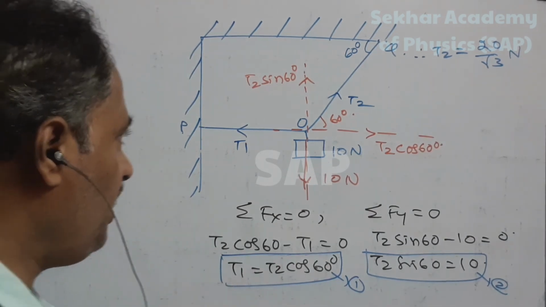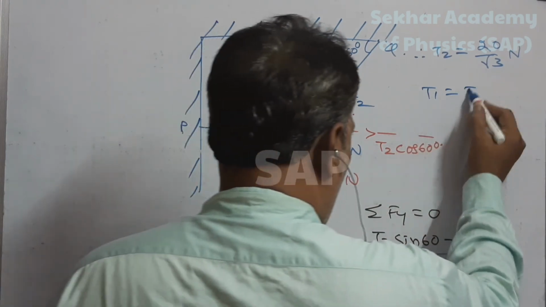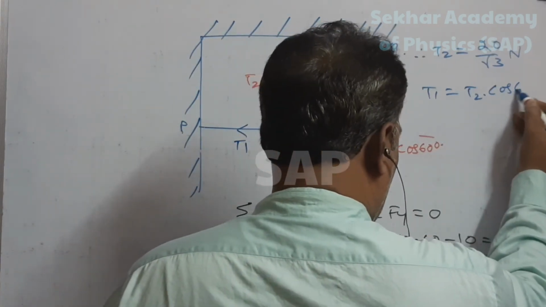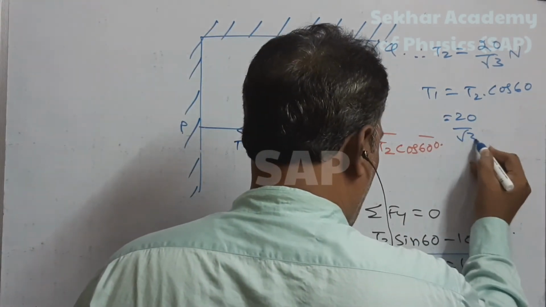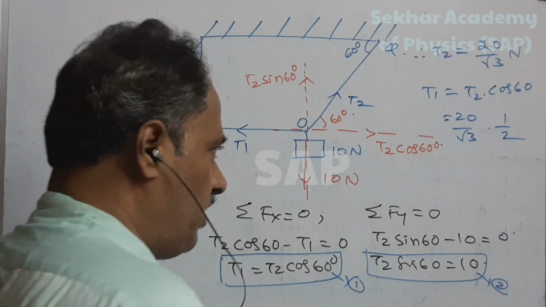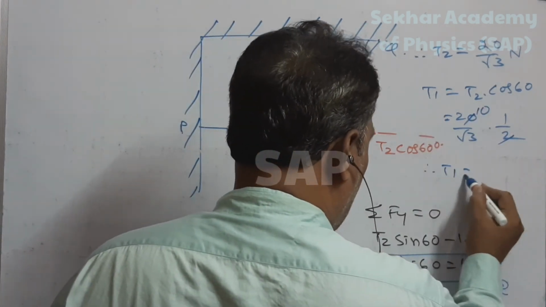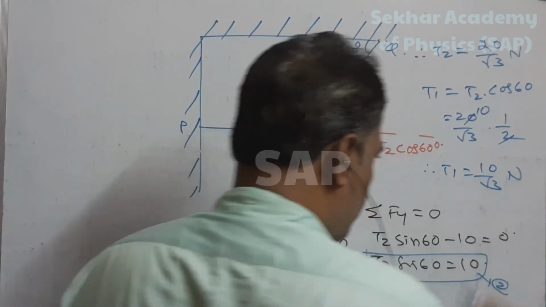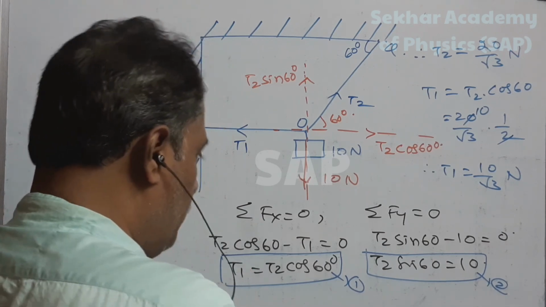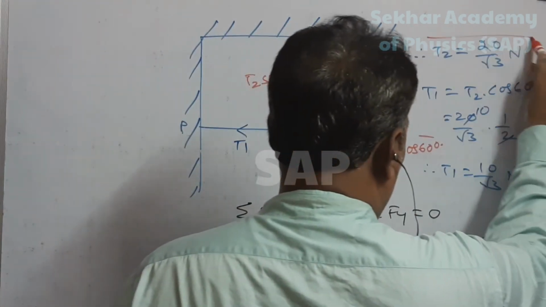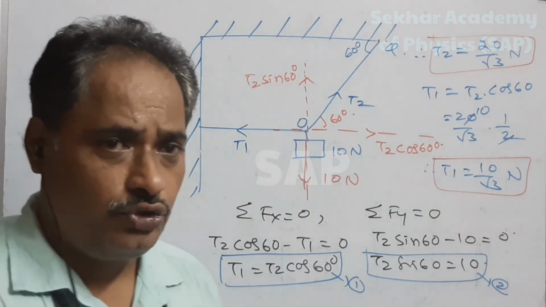Then T1 equals T2 cos 60, where T2 is 20 by root 3 and cos 60 is 1 by 2, so that is 10 times. Therefore, T1 equals 10 by root 3 Newton. That means by using the equilibrium concept, you can write T2 equals 20 by root 3 and T1 equals 10 by root 3 Newton.